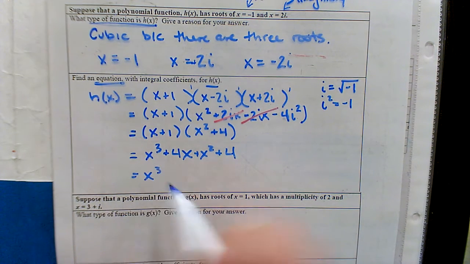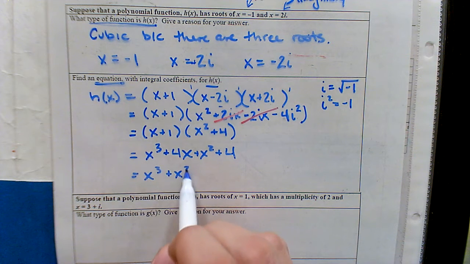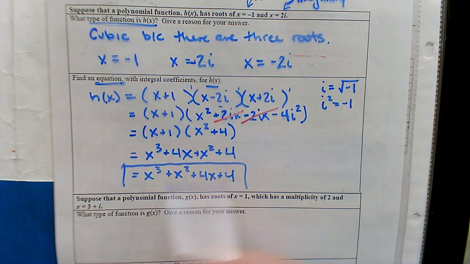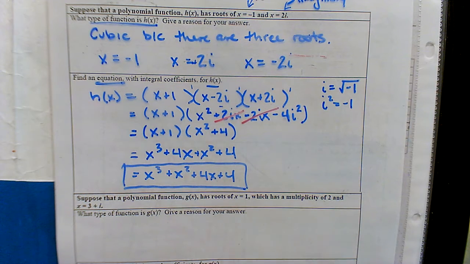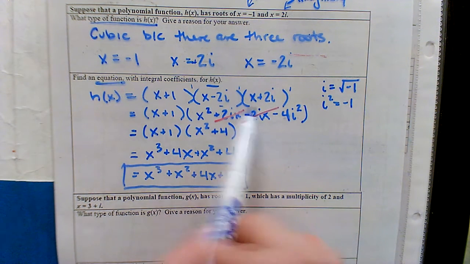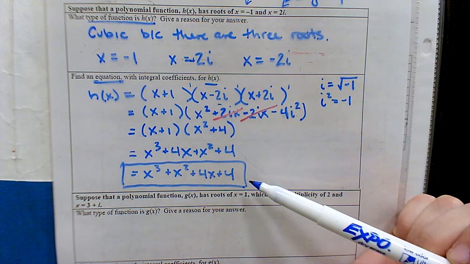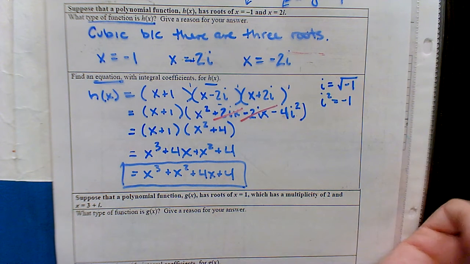So last thing you could possibly do is put everything in order, highest power to lowest power, and there's your equation. So you first start off in factored form just to get the general setup, but then you can expand it into standard form.